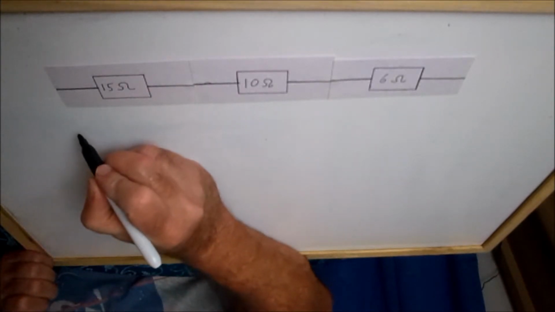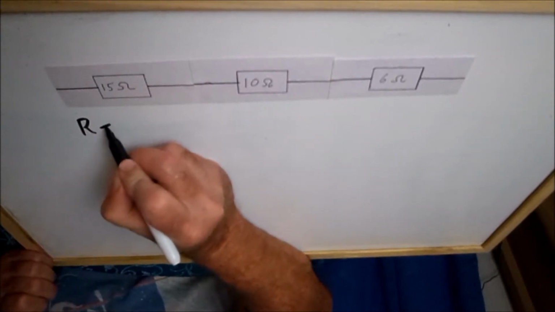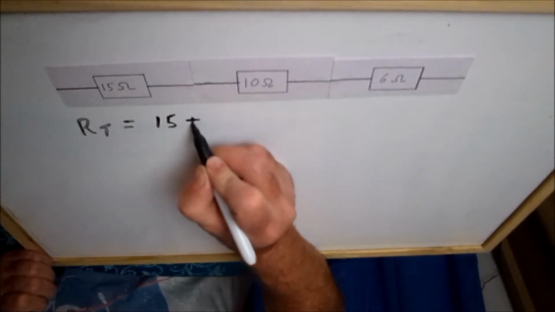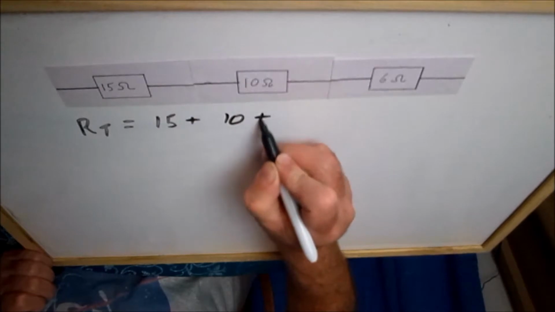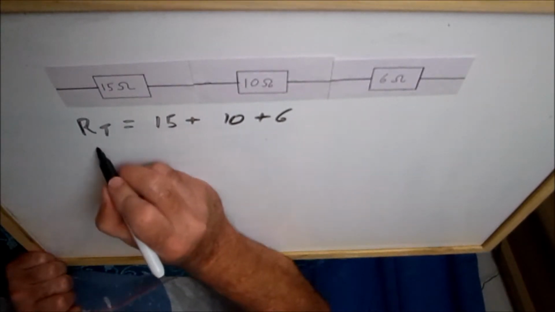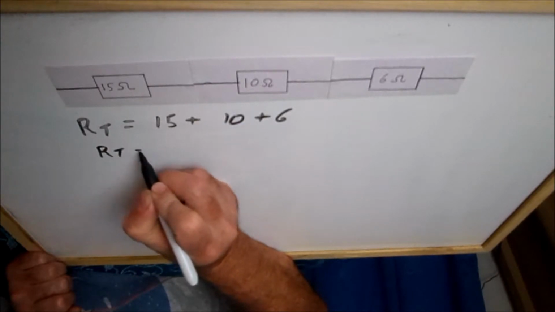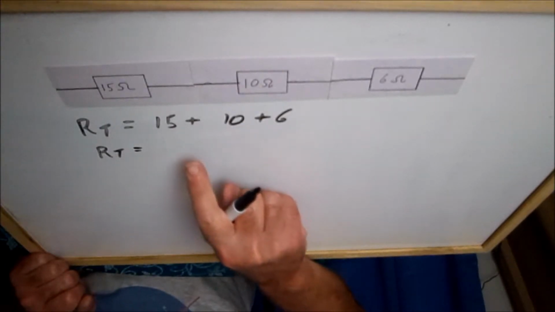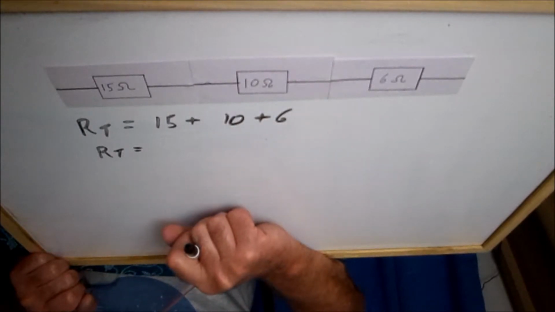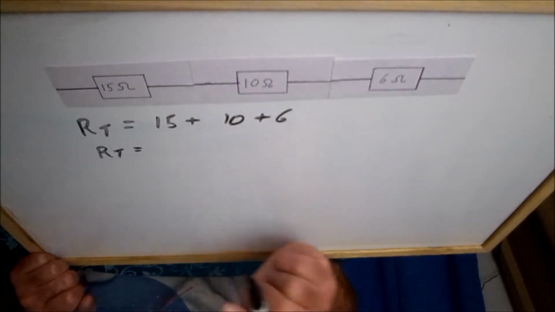So the formula is going to be resistance total, RT, is going to equal 15 plus 10 plus 6. So simple addition, we can say the resistance total of here is equal to 15 and 10 is 25, and 6 is 31.